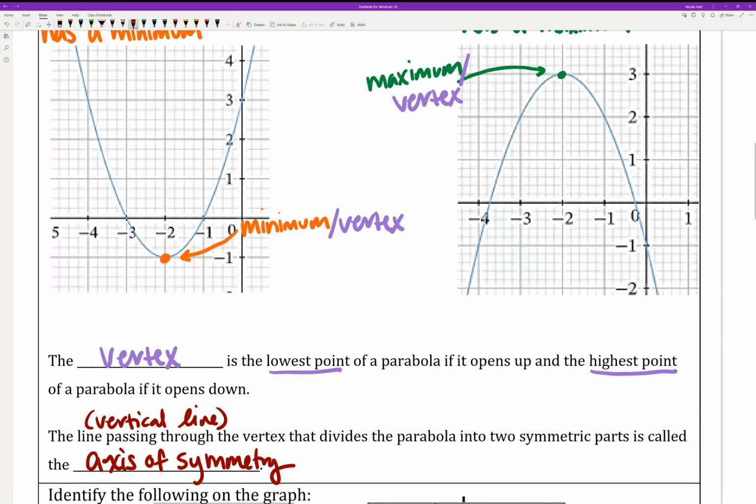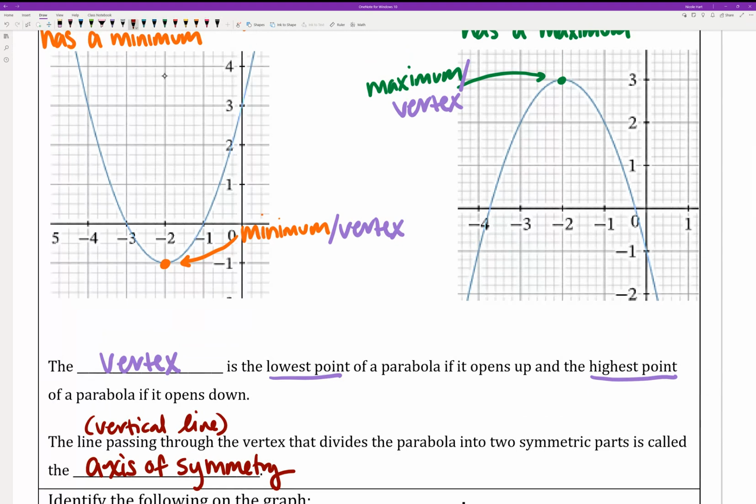If I look at my two parabolas, that vertical line, and I'm just going to use a dashed line to show it, is going to come down right through the vertex for both of these. And if you imagine folding the graph across that dotted line, it will perfectly fold in half, and the graph will line up on both sides.